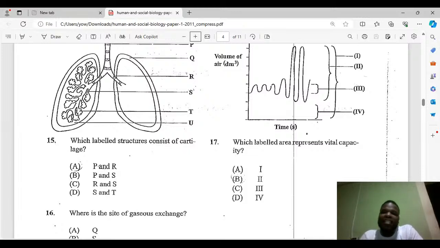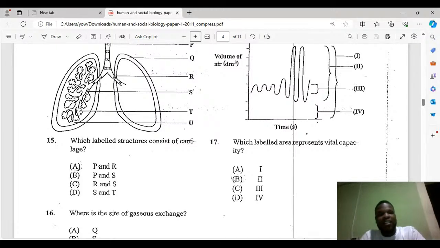Oh, you're asking what is a spirometer? Okay, so a spirometer basically measures how much air is taken in and expelled out of the lungs.